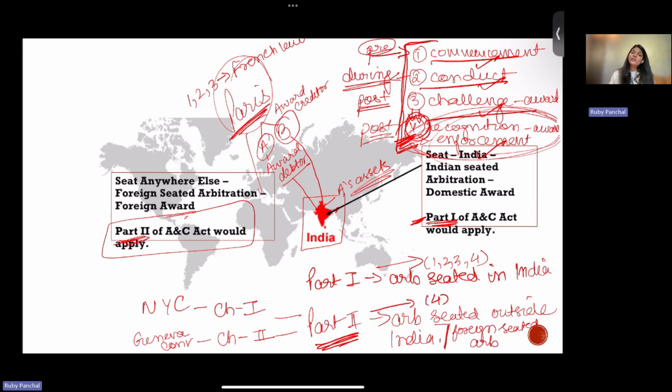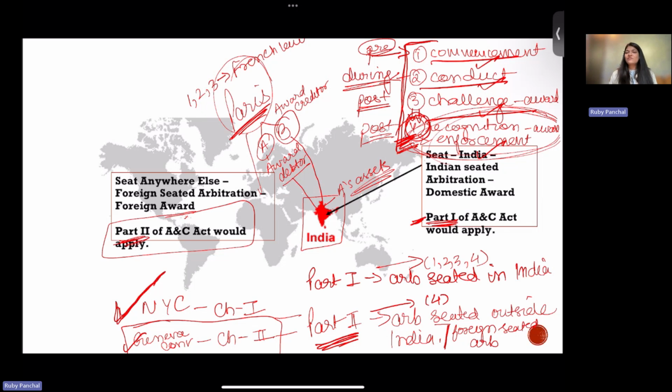Part 2 only provides for recognition and enforcement of the award, which is also pursuant to the New York Convention and Geneva Convention. For our practice now, Geneva Convention is almost redundant. It's not used. So it's the New York Convention where we seek relief, right? I hope that makes sense.